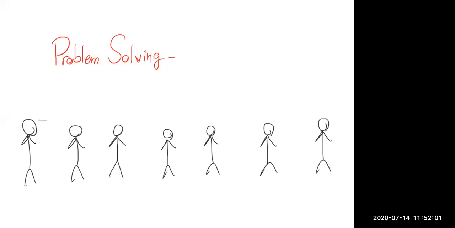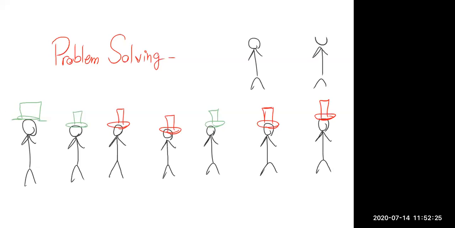Let's say half of them have hats which are green, not necessarily Stony Brook hats. And some of them, not half, just some of them, have red hats. Let's draw a few more. Suppose there are many of them actually, okay?